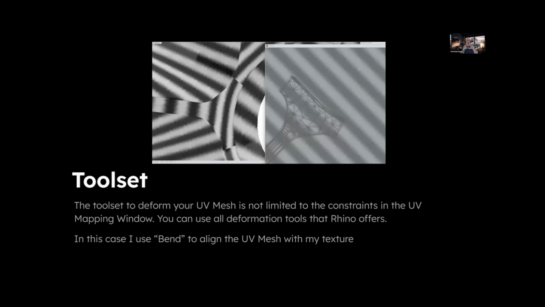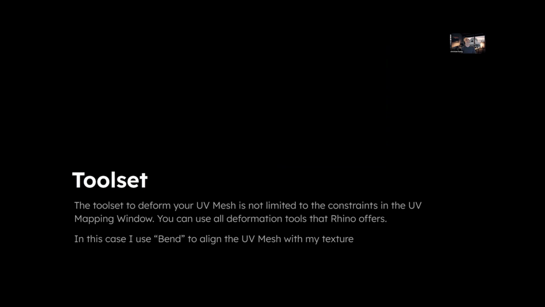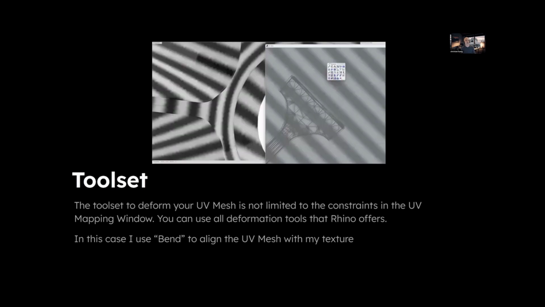So you have all 8 or 6 parts of the rim. And what you see here, it's a little bit deformed, but you can use all standard deformers to work on the UV mesh as well. Although you only have these 3 constraint tool buttons there, it's no problem to use all deformation tools on the UV mesh, so that you can create fine UV meshes the way you need them.